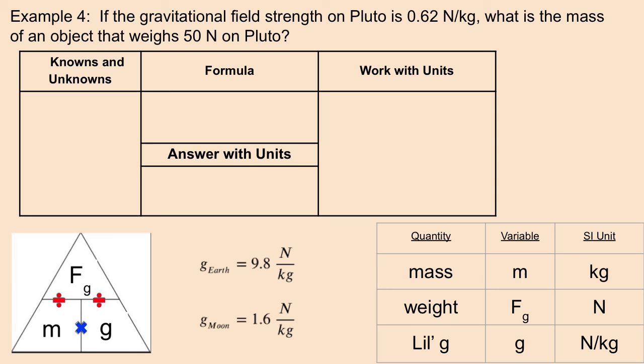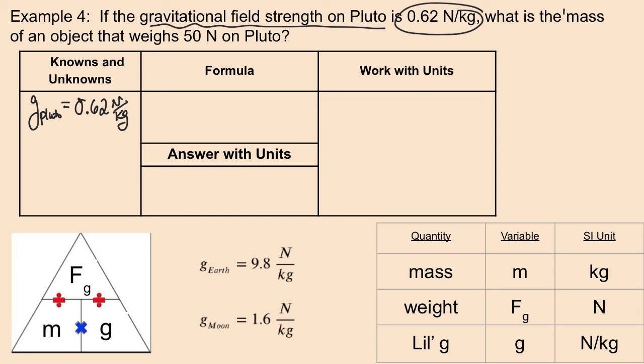All right. Let's do the last one. Ooh, we just went to Pluto. If the gravitational field strength on Pluto is 0.62 newtons per kilogram, that says the gravitational field strength on Pluto. So that's g of Pluto.